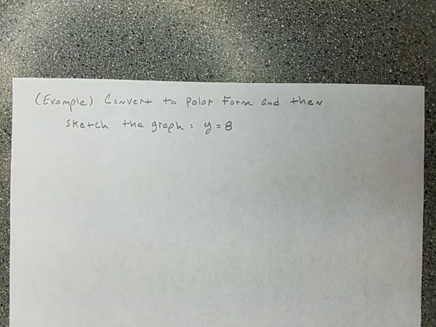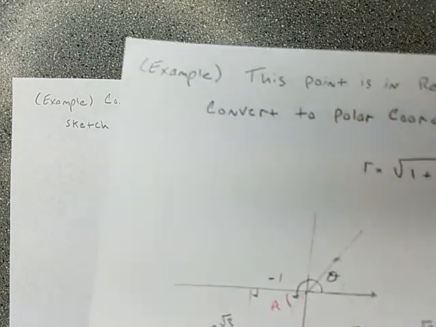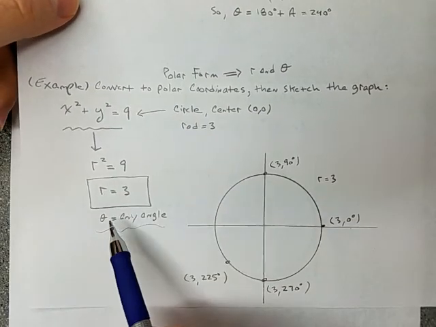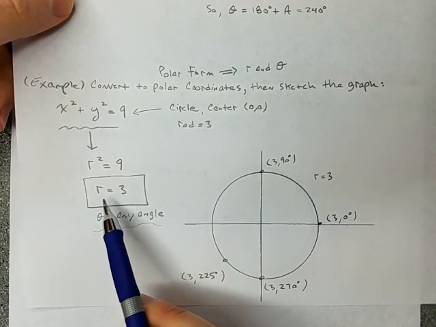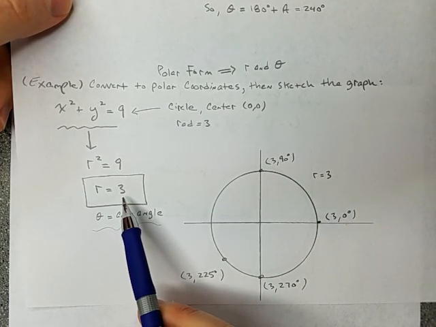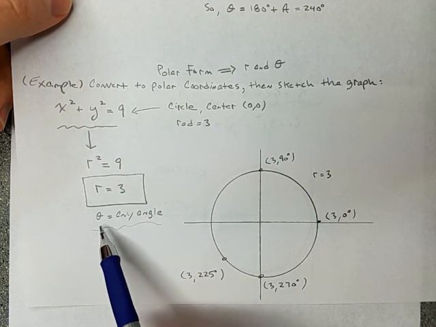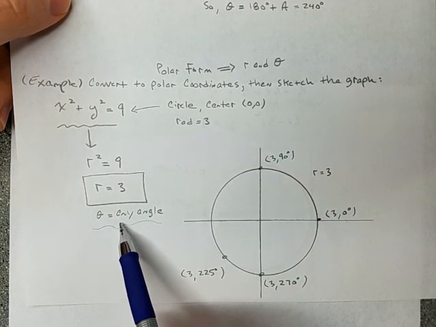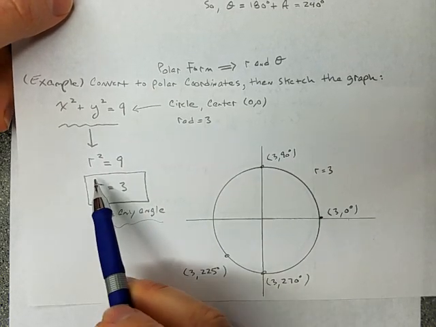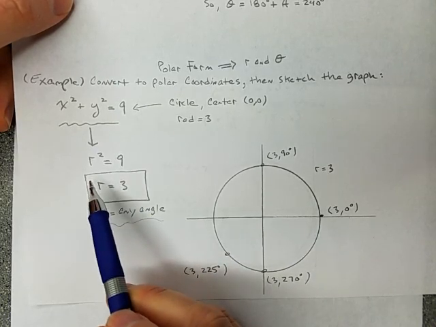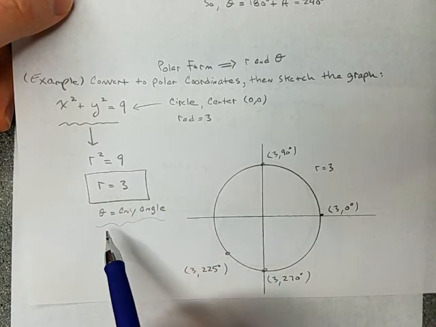I know I did this at some point. There was this other problem where I said, what does the polar equation r is equal to 3 look like? In polar coordinates, there is a theta also. Say I tell you, here's your equation, and it's in polar form, and I don't mention theta.